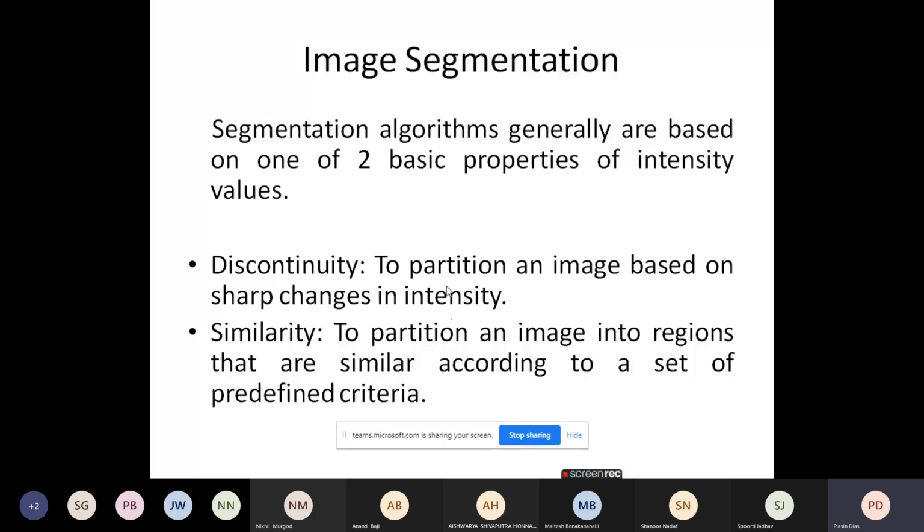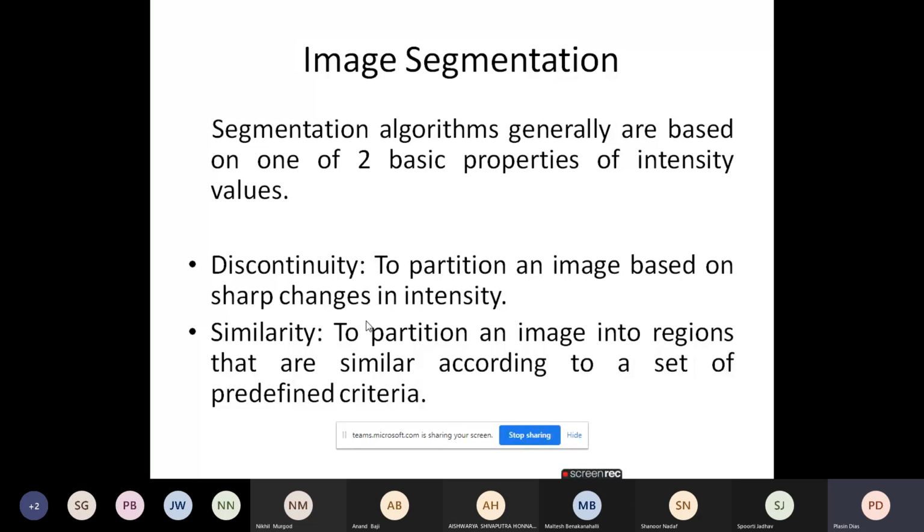In discontinuity, you are trying to partition an image based on some sharp changes in the intensity. That is one thing you can consider. We'll discuss how discontinuity and similarity are considered in different segmentation methods. Right now, whenever you partition an image based on sharp changes in intensity, it is called discontinuity.